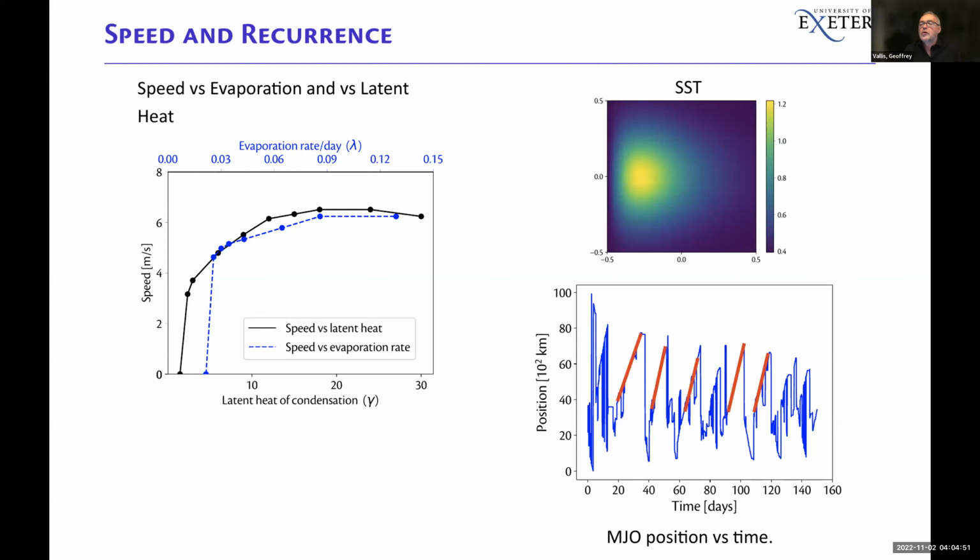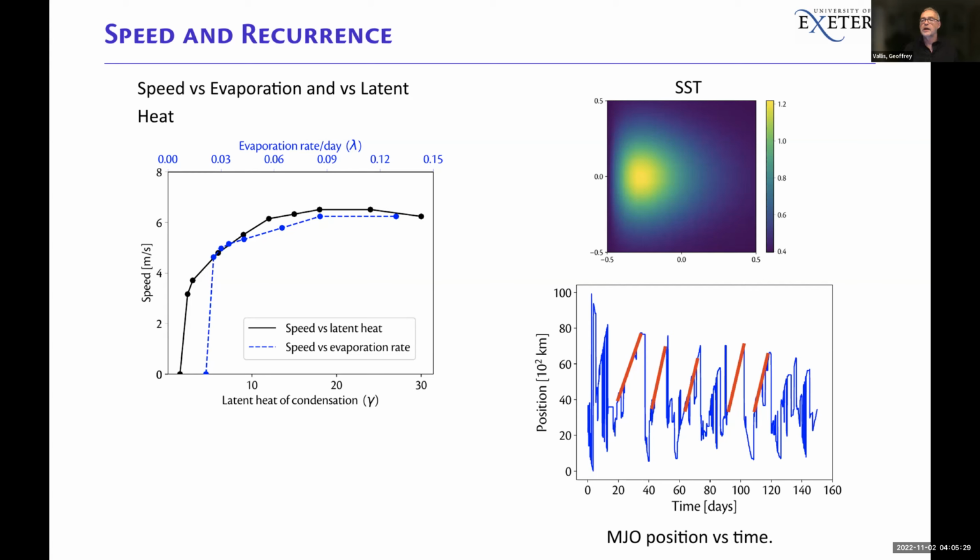The new one emerges 40 days or a couple of months after the old one, when the system has recharged itself, if you will, because once you have an MJO here and it moves off, it's too dry here for another one to form. So you need to build up the moisture again, and that takes a month or two. So that's where the periodicity comes from.